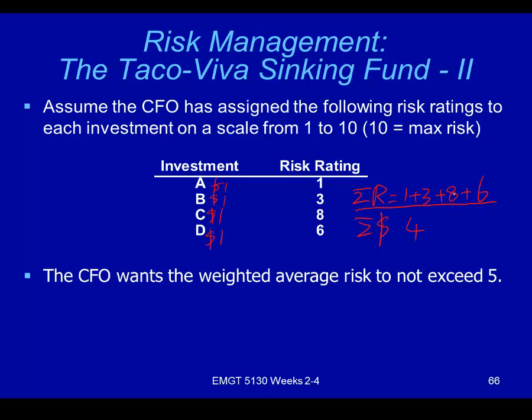Okay, then per this CEO's request, he wants the weighted average risk to not exceed 5 for each month.